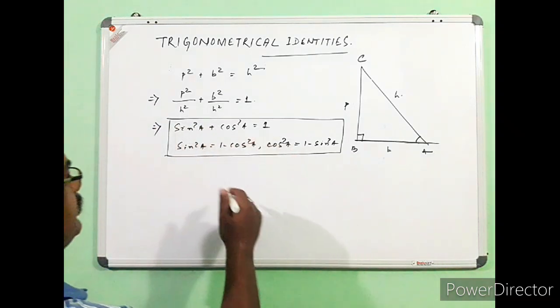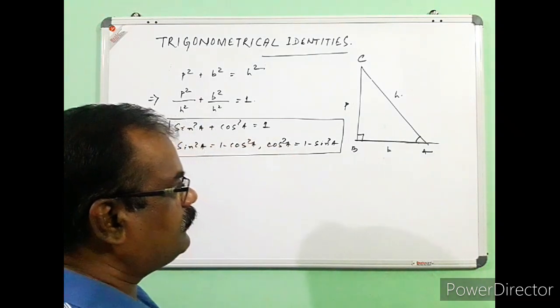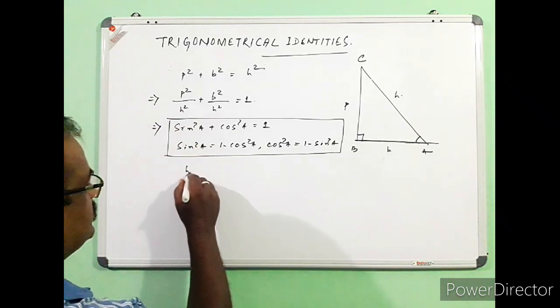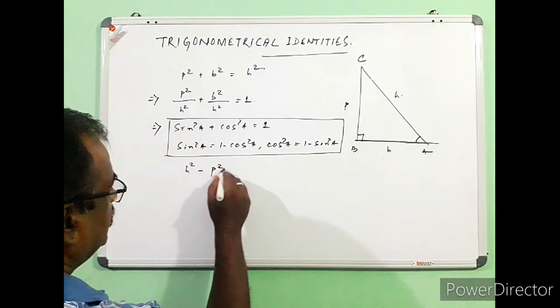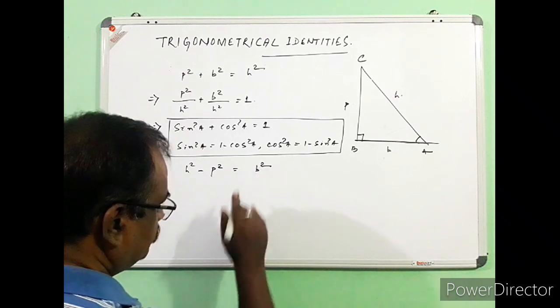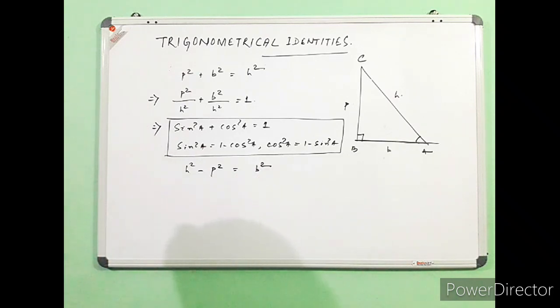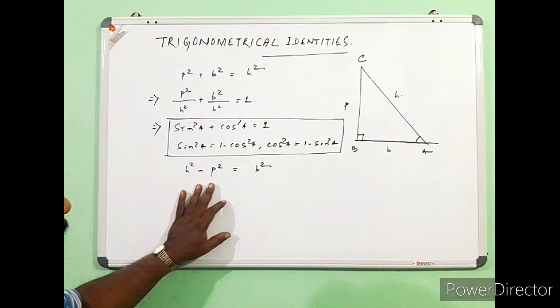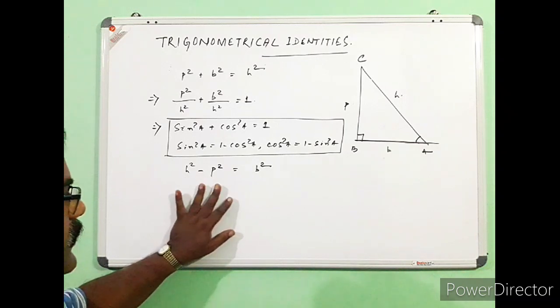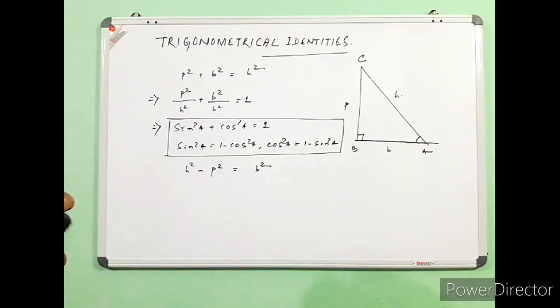Now take another example. According to the Pythagoras theorem, H square minus P square is equal to B square, or the square of the hypotenuse minus the square of the perpendicular is equal to the square of the base.